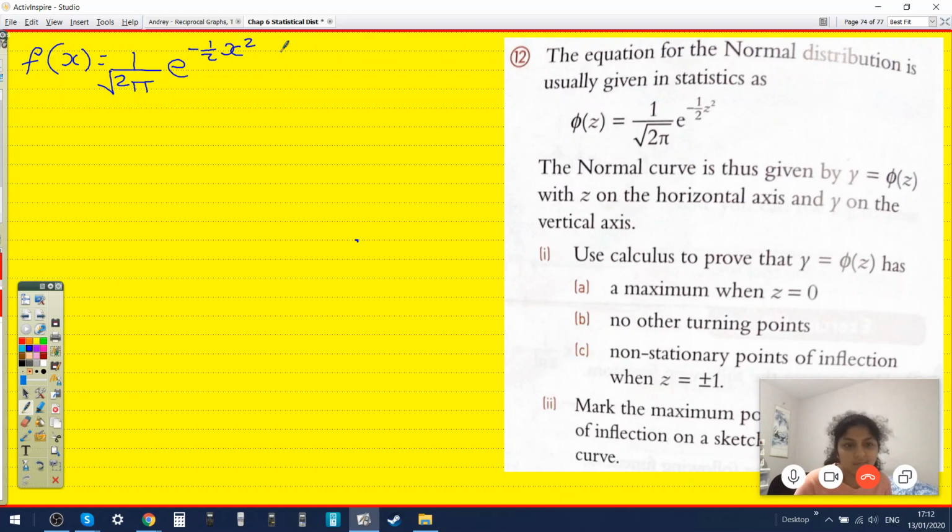The e to the minus half x squared would differentiate to minus half x squared e to the power of minus half x squared.